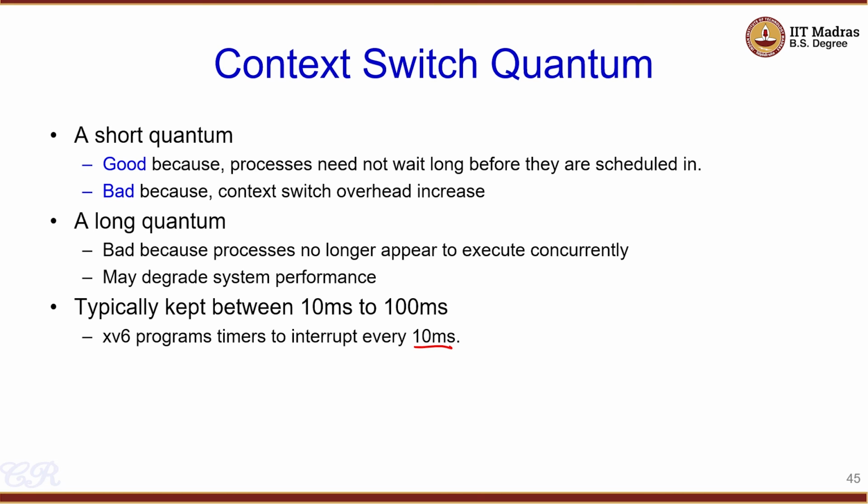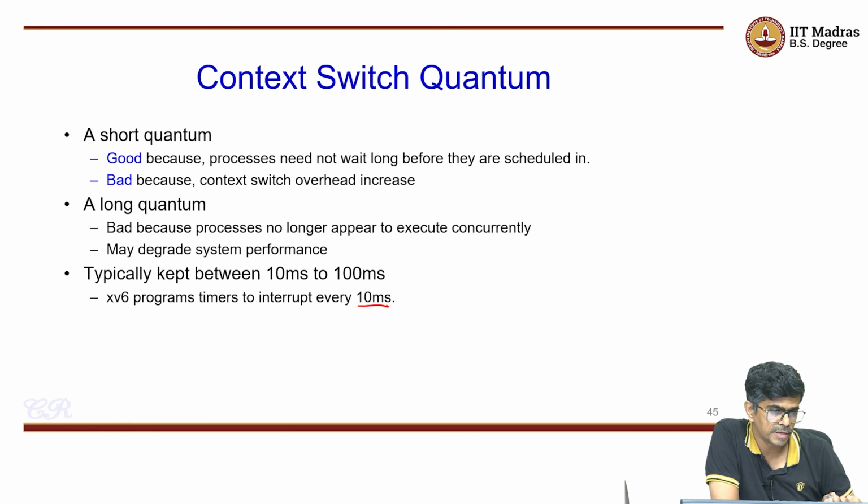Whether the process requires more CPU time or less CPU time, whether it is performing something critical which can affect the user experience on the CPU. So all of this is taken into consideration to decide what is the ideal context switch time or the ideal time slice for every process.